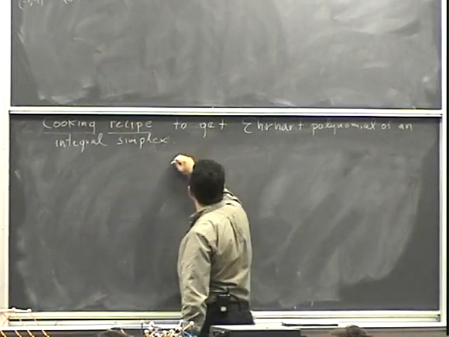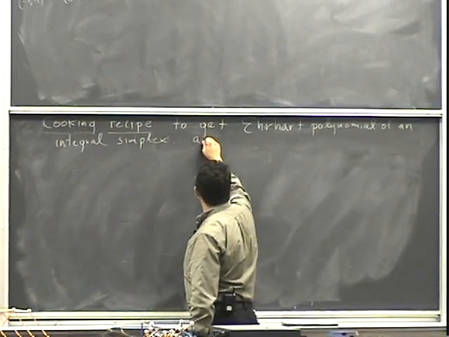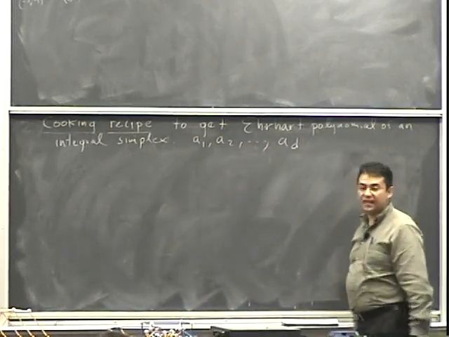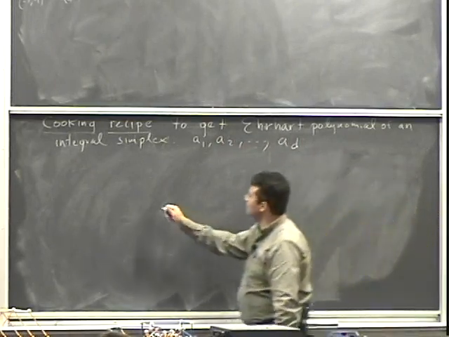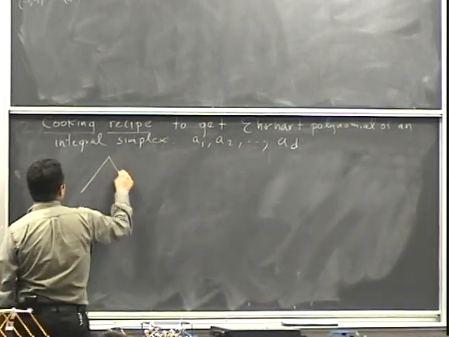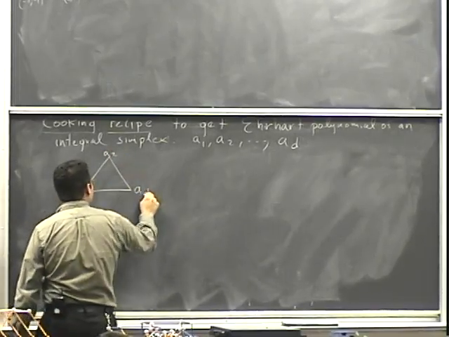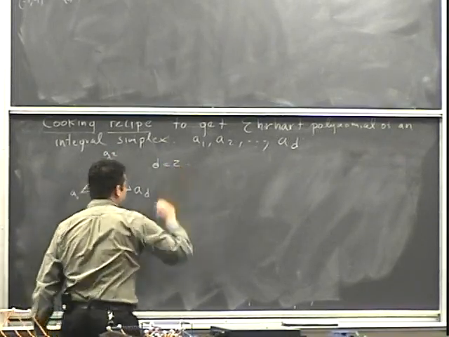So let's say that your integral simplex has corners a0, a1, up to ad. Say your simplex is maybe a triangle. In this case, d is equal to 2.